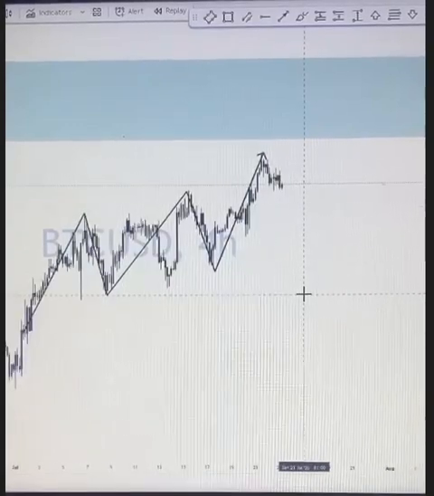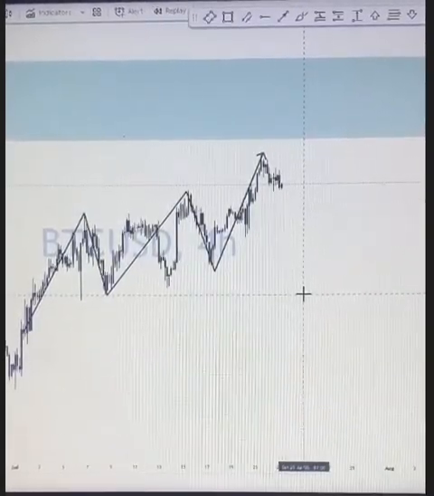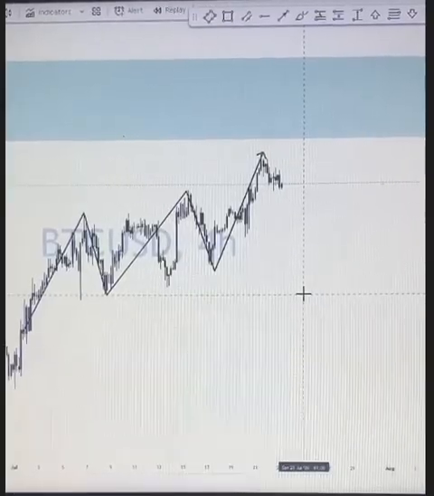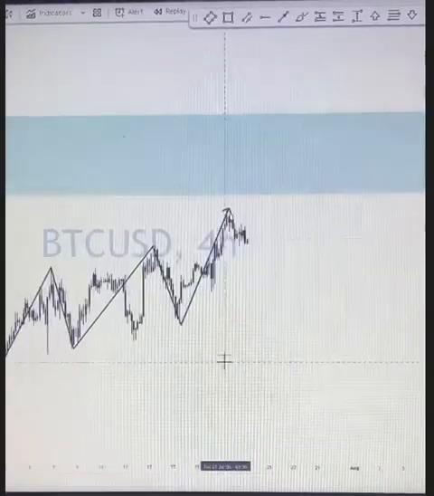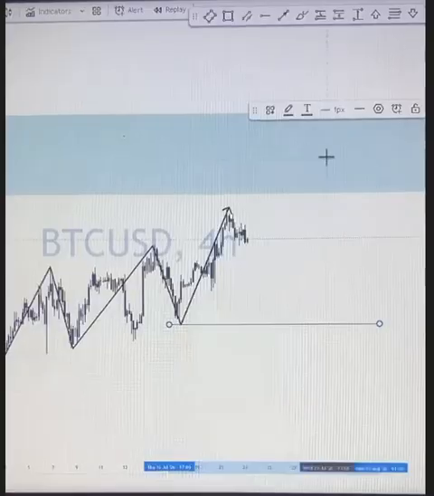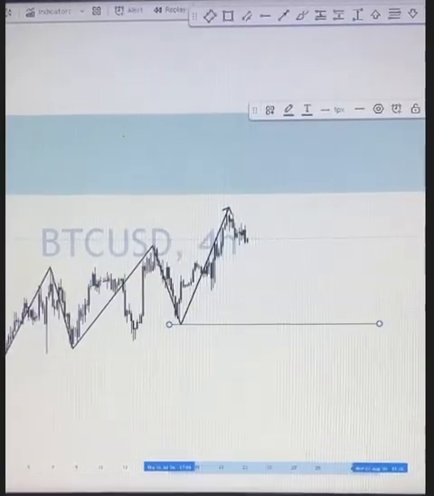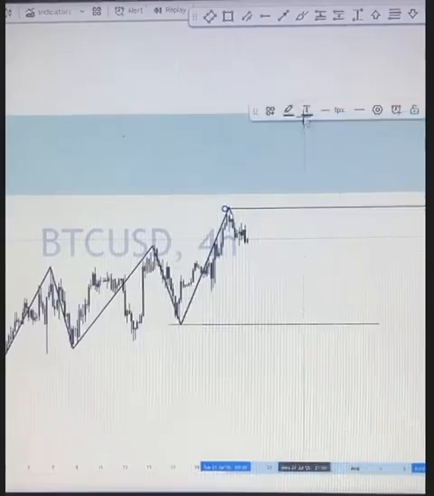After this, what do we do next? Rakasina, we mark our direction and key level. So this is our low. This is our high.